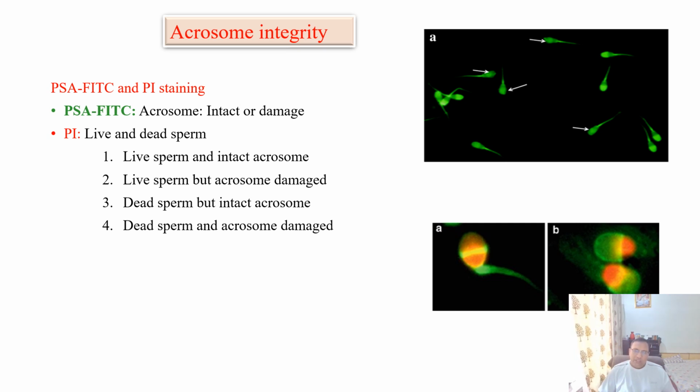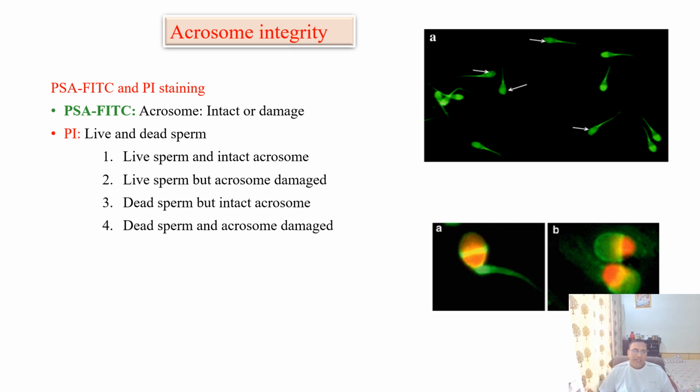If the acrosome enzymes are present in the sperm head, the fluorescence binds. If it is leaked, there are no enzymes, so PSA will not be inside the cells. The fluorescence will be low. This is the basic principle to know the acrosome intactness of the sperm cells.